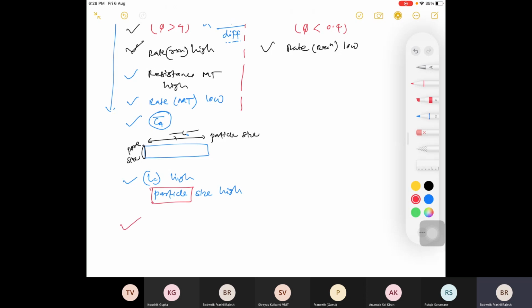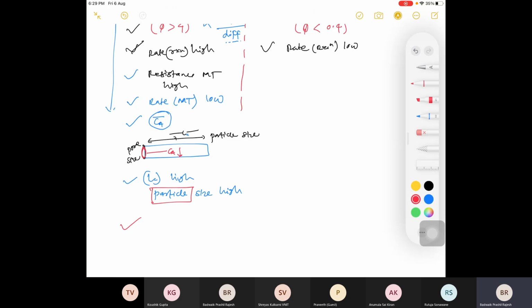Then next, if there is diffusion limitation in mass transfer, that means your concentration is decreasing. That means your pore size is small. That's why the reactant is not able to move inside your pore, right? If pore size is small, it cannot diffuse inside easily.